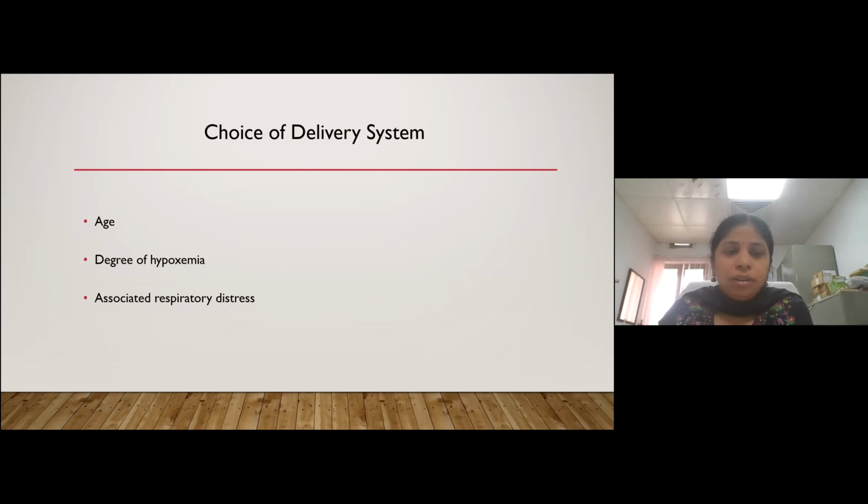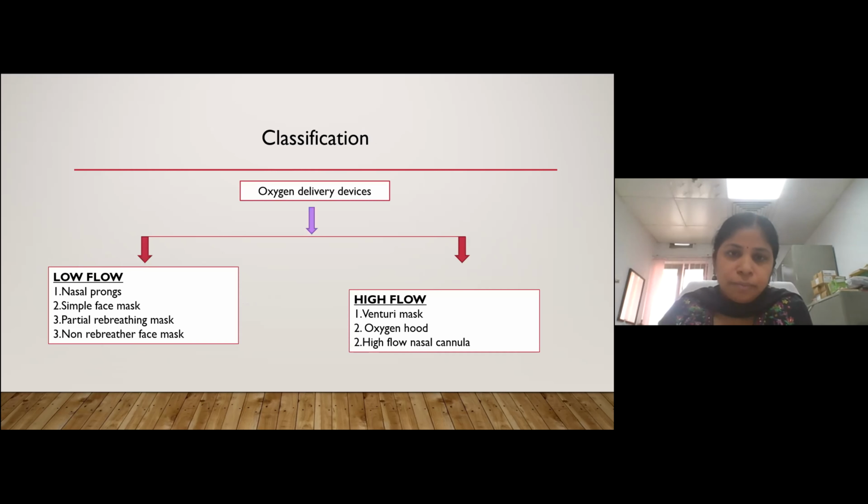If you are having a severely hypoxemic child, then of course your oxygen delivery devices would be different in comparison to when the magnitude of hypoxemia is less. Then over and above, if you have associated respiratory distress, then of course you would like to initiate the patient on breathing support, which gives some comfort to the associated work of breathing as well.